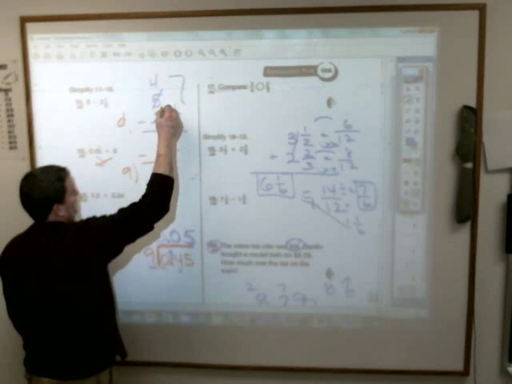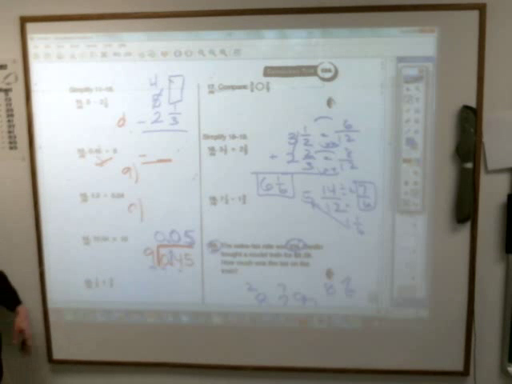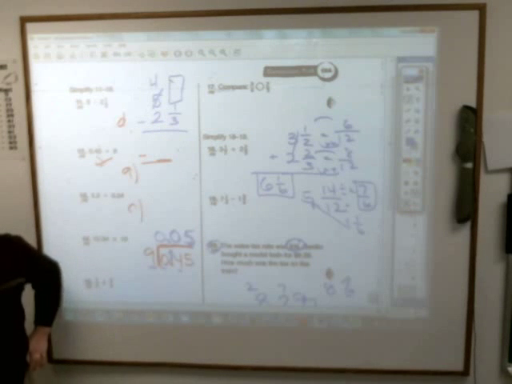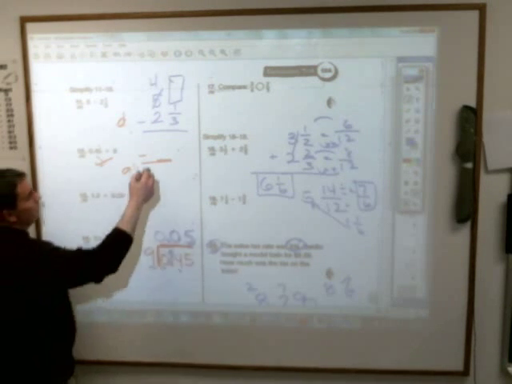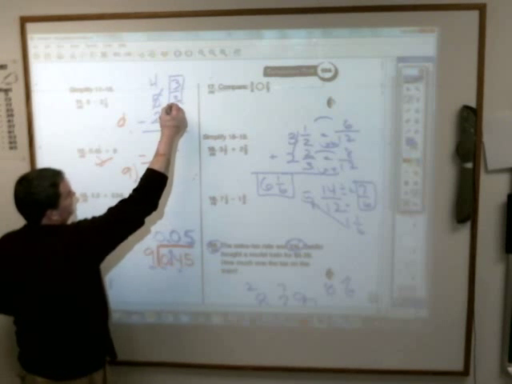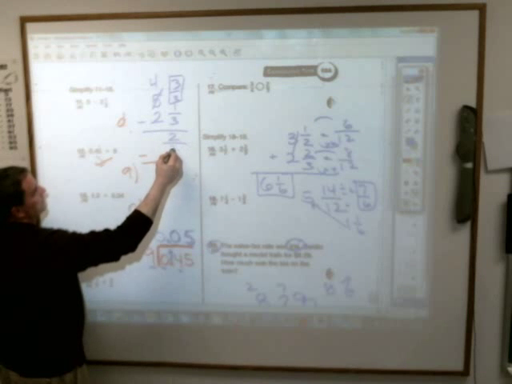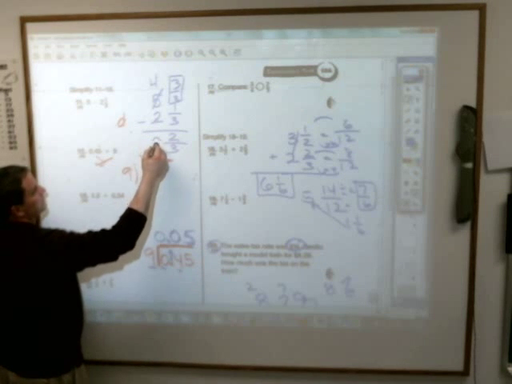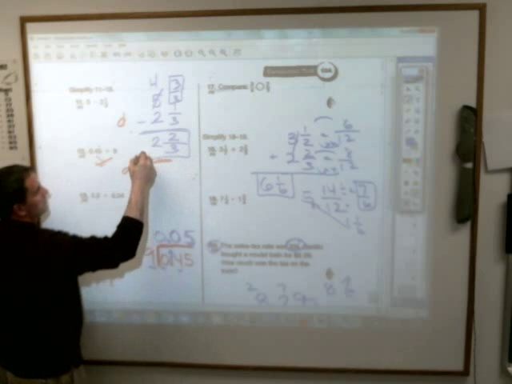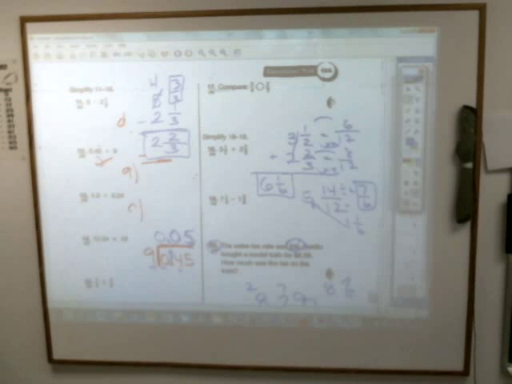What fraction do you get here that's equal to 1 that has a 3 on the bottom? 3/3. Note to self. 3/3 minus 1/3 is 2/3. 2 from 4 is 2. Okay. Again, note to self, that would be one that I would jot down there.